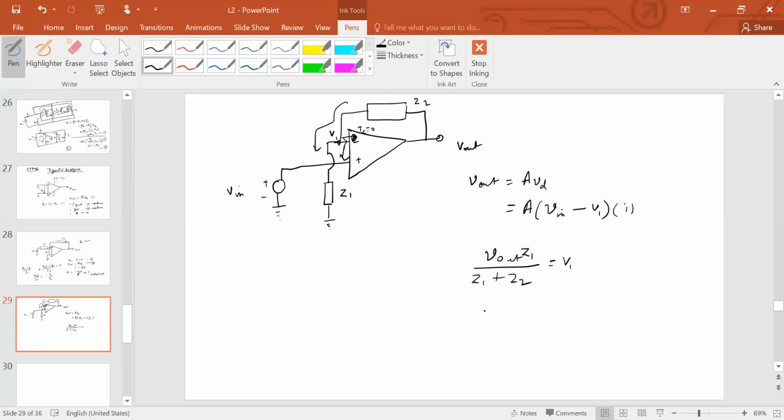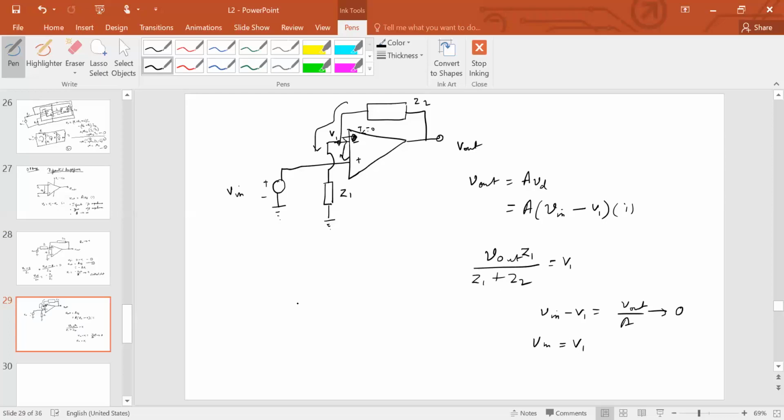Now if you apply the same principle again, you apply V in minus V1 is equal to V out over A, which tends to 0, right? If this tends to 0, then V in is basically equal to V1, right?